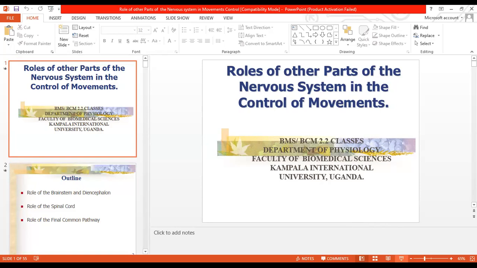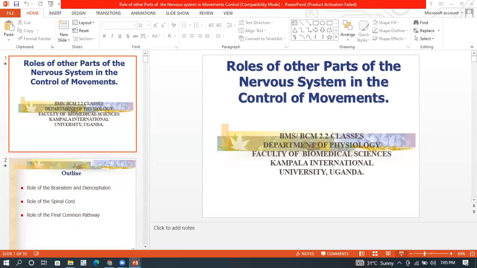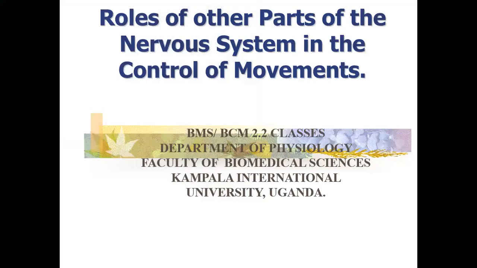Today we are going to look at the roles of other parts of the nervous system in the control of body movements. So we start with the role of the brainstem, where we are going to look at the midbrain, the pons, and the medulla, and the structures located in these brainstem areas that are involved in the control of body movements.